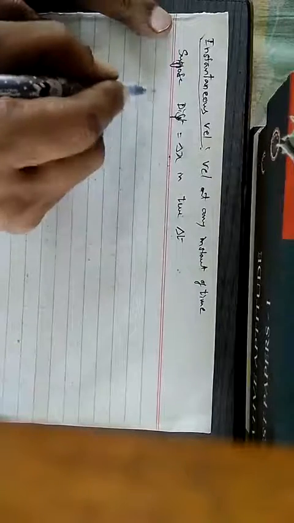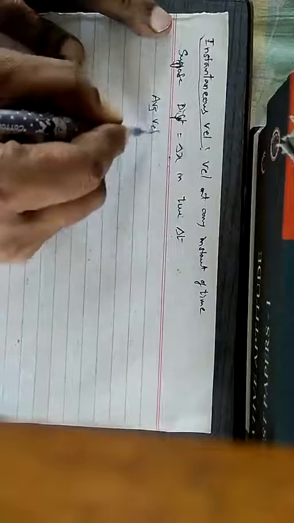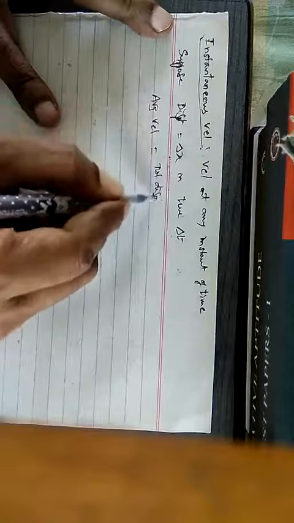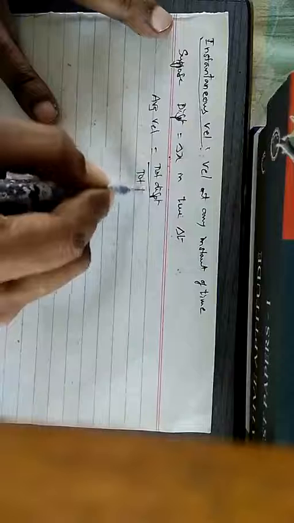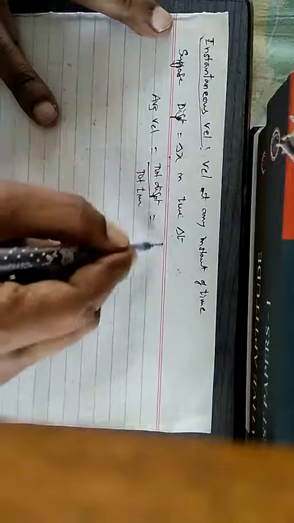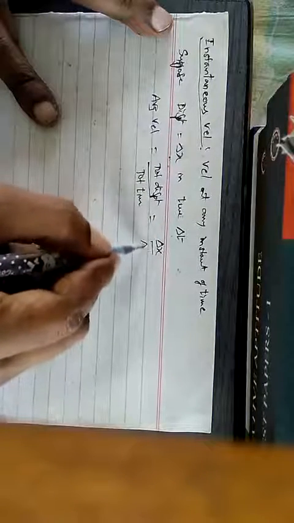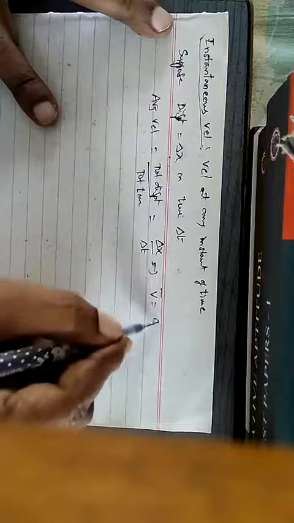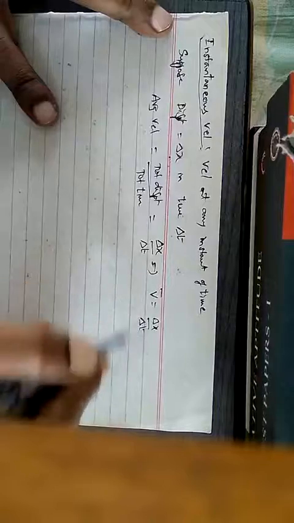Then what is the average velocity? Average velocity is equal to total displacement upon total time. Total displacement is delta x and total time is delta t, so we write v is equal to delta x upon delta t. This is the average velocity.